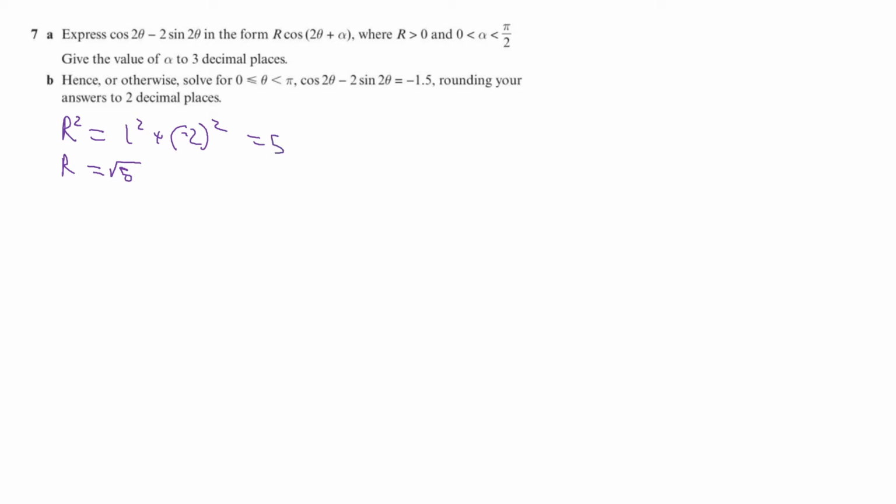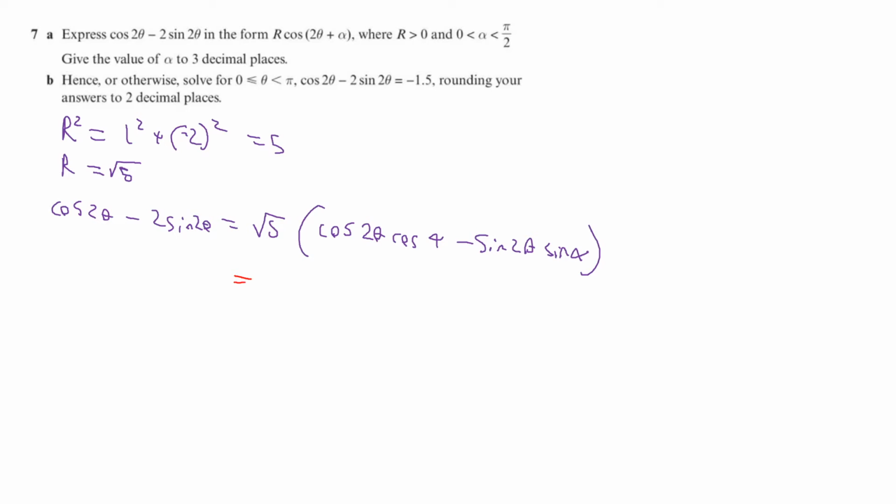And we know then that cos 2 theta minus 2 sine 2 theta is going to be root 5 times cos 2 theta cos alpha minus sine 2 theta sine alpha. Then we can expand the brackets to get root 5 cos 2 theta cos alpha minus root 5 sine 2 theta sine alpha.